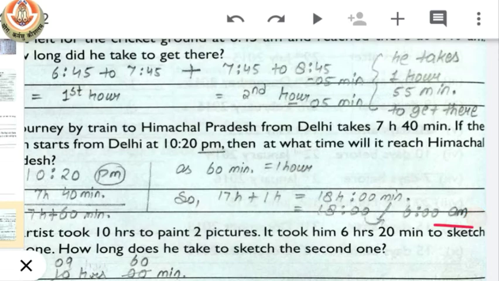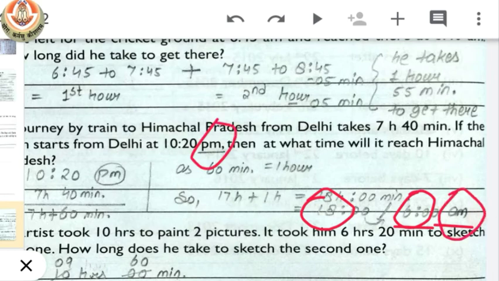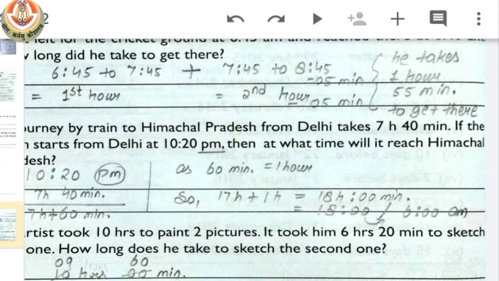So the train reaches Himachal Pradesh around 6 AM. When we convert 18 according to the 24-hour system, it is 6, and after PM we get AM after 18 hours. So the train reaches Himachal Pradesh at 6 AM.